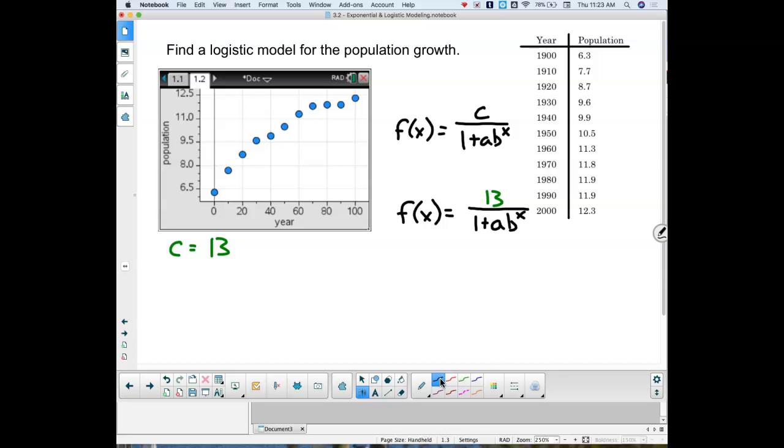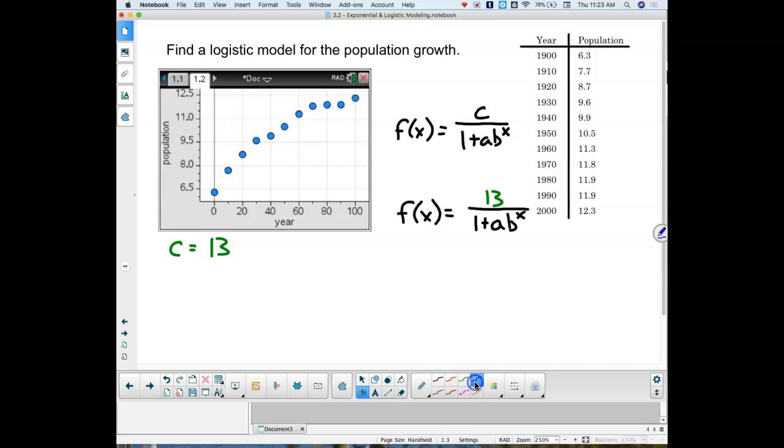What do we do next? What point did we use next yesterday? The y-intercept. Which one's the y-intercept in my data? The top one, right?